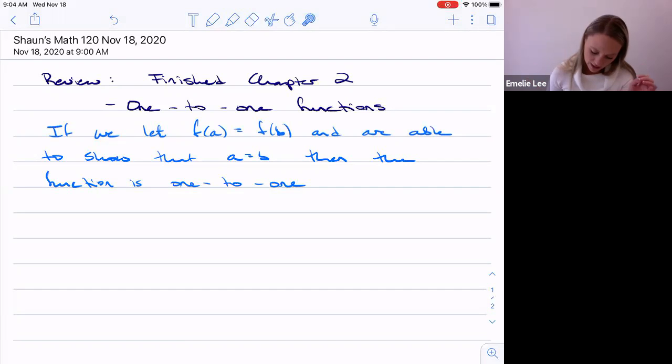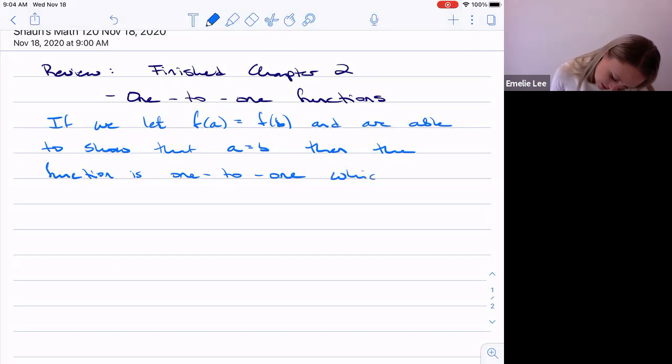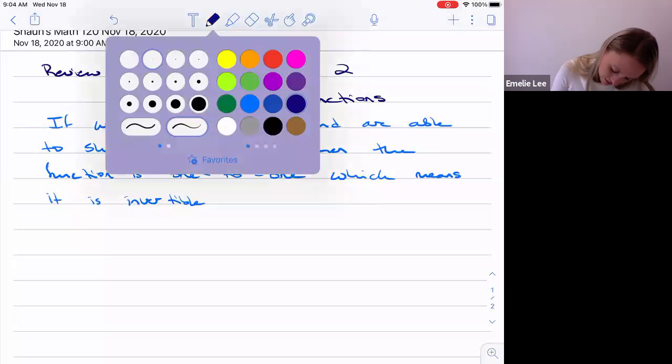So if it's one-to-one, each input yields a unique output. And we show it mathematically by doing this. We also talked about doing it graphically, but that was last week, so I'm gonna leave that. This one's more important. So then the function is one-to-one, which means it is invertible. Right, that's why we care.